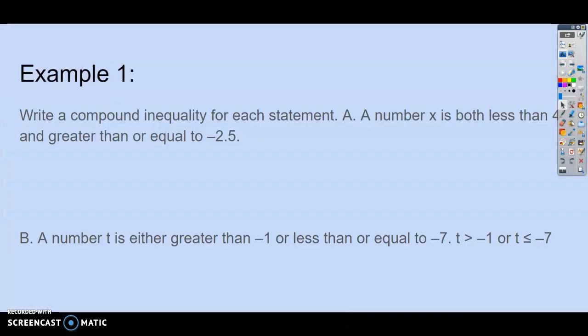All right, example, write a compound inequality for each statement. So a number x is both less than 4 and greater than or equal to -2. So the first thing we need to see is it's an and statement.